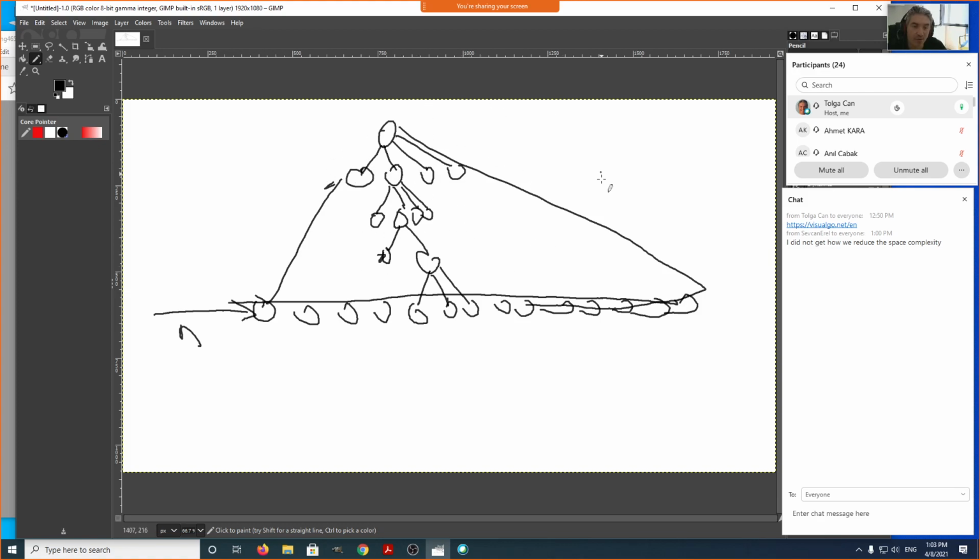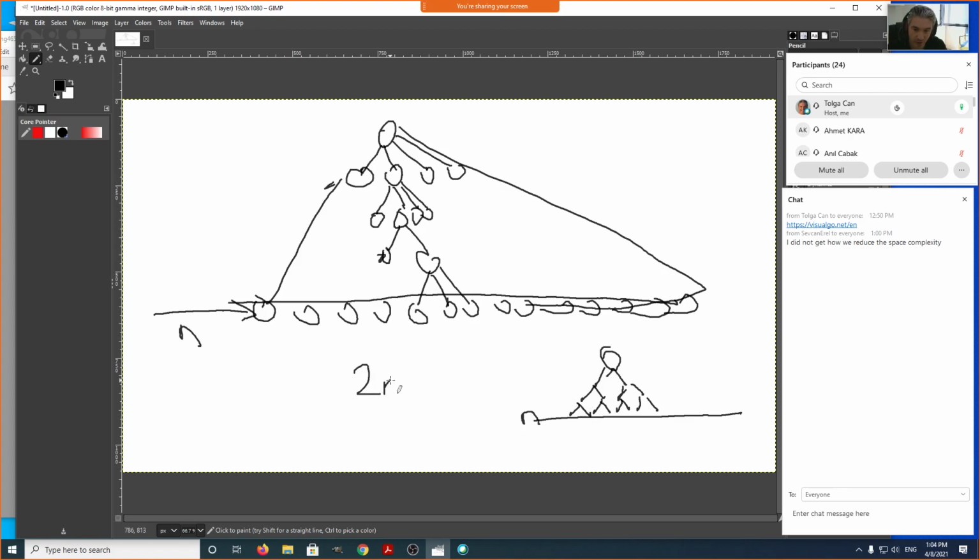Okay, this is what I'm asking. What is the total number of nodes in this tree if I have n leaf nodes? If this branching factor of 4 is complicating, think about the binary tree. If you have a binary tree, branching factor of 2 every time, if you have n leaf nodes, what is the total number of nodes in the tree?